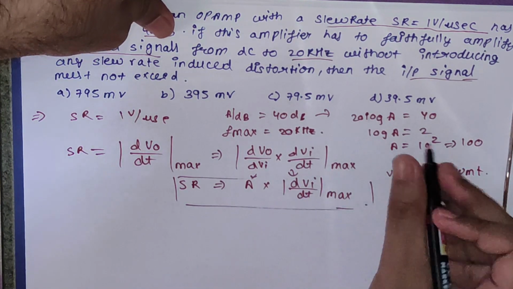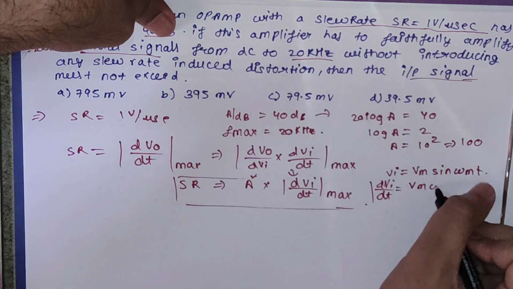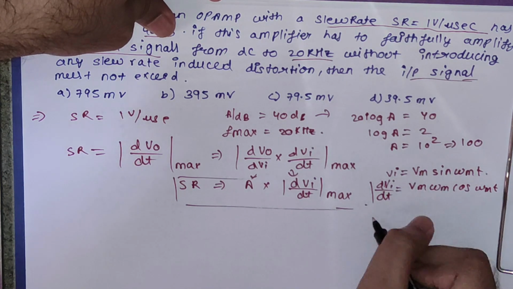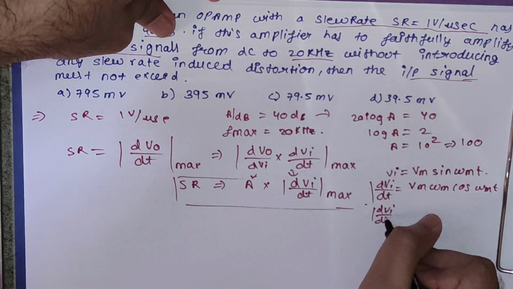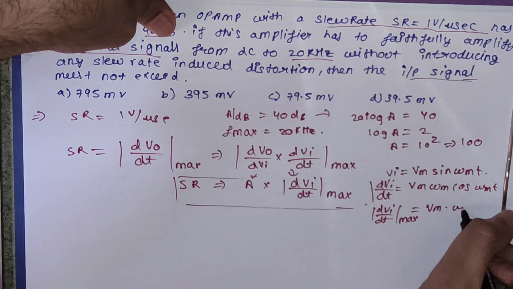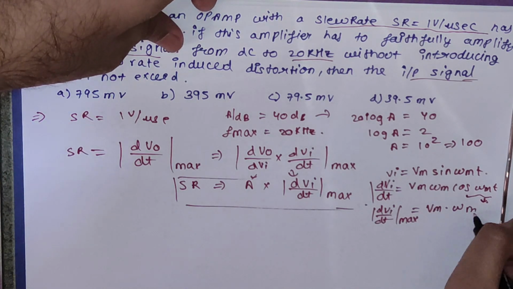Now if we take the derivative dVi by dt, we will get Vm omega m cos omega m t. Since we want the maximum, this cos term becomes 1, and then only we will get the maximum, right?